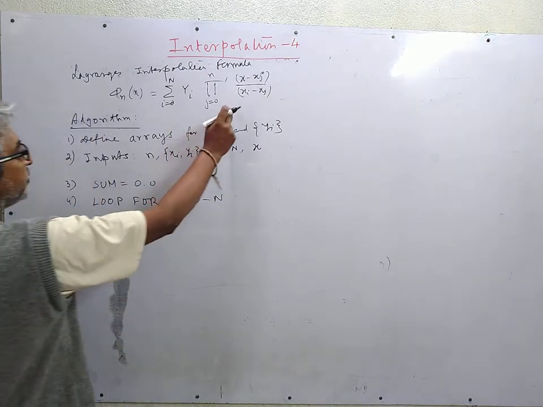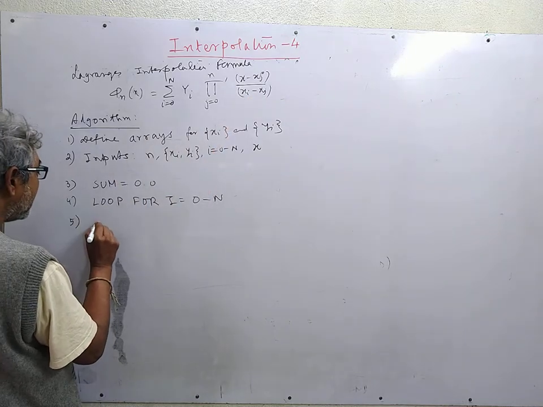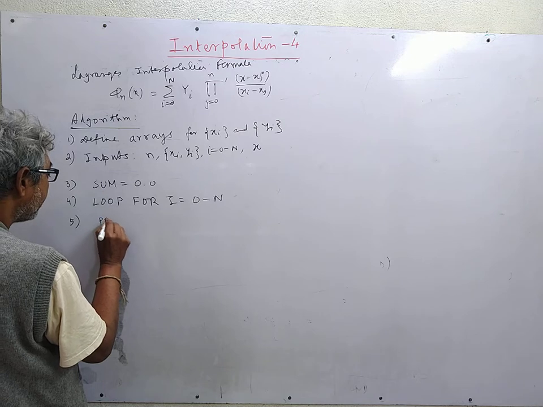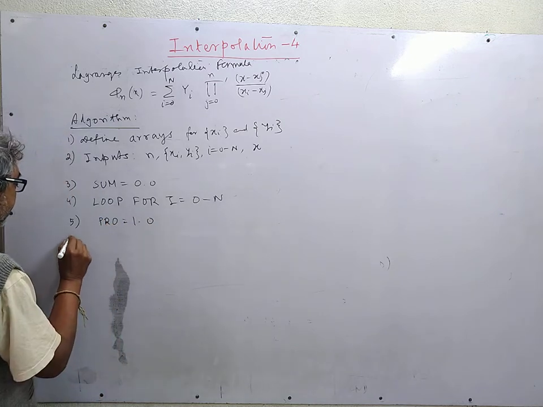Within this loop, we have to calculate this product. So we initialize product to 1.0, the multiplicative identity.